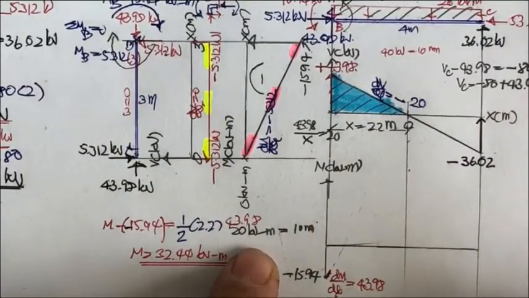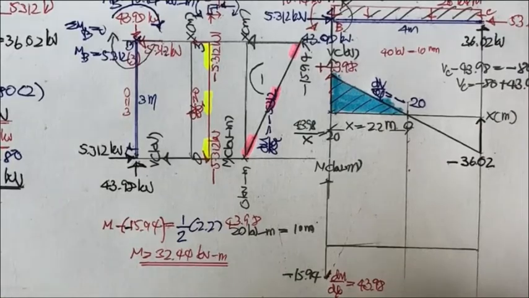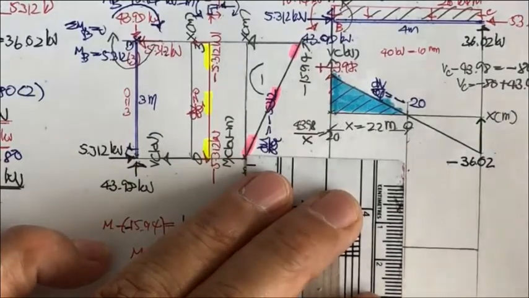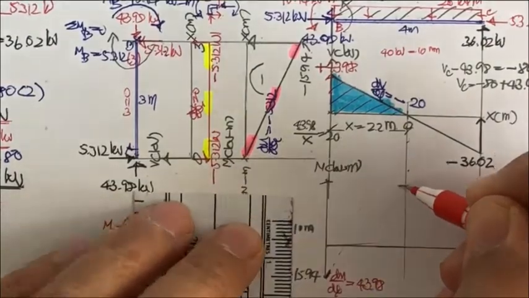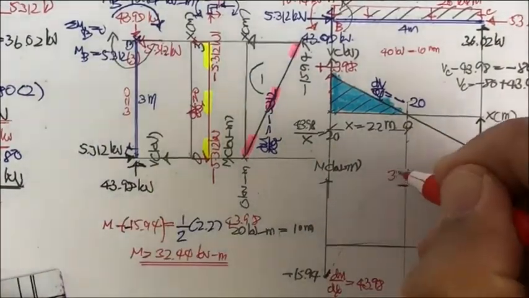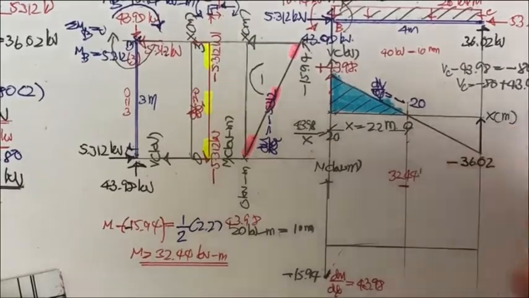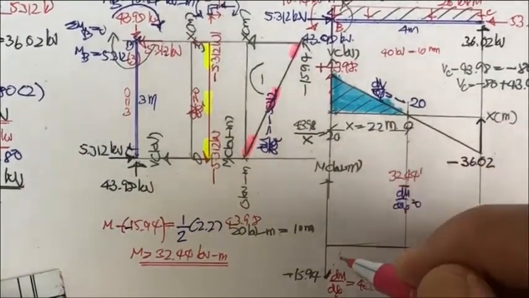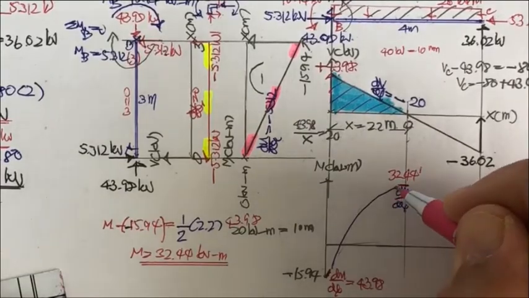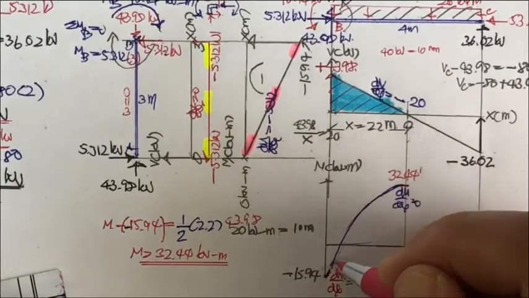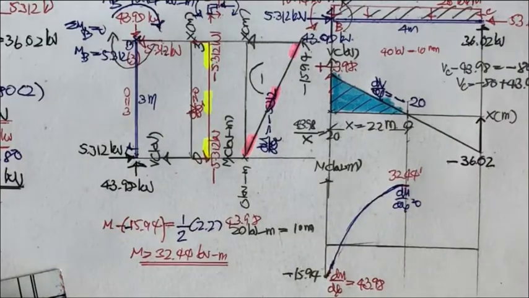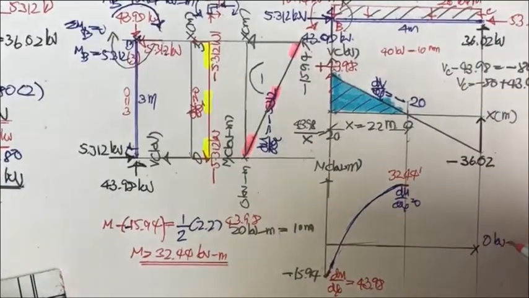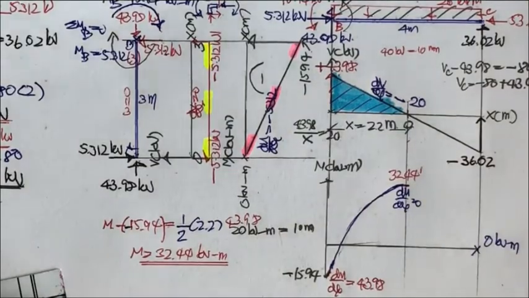And then by doing this, this is going to be about 16 millimeter. This is 32.44 kilonewton meter, and dm by dx equals 0, and your graph is going to be something like this. Okay, and then at this point is 0 kilonewton meter, you know that, right?